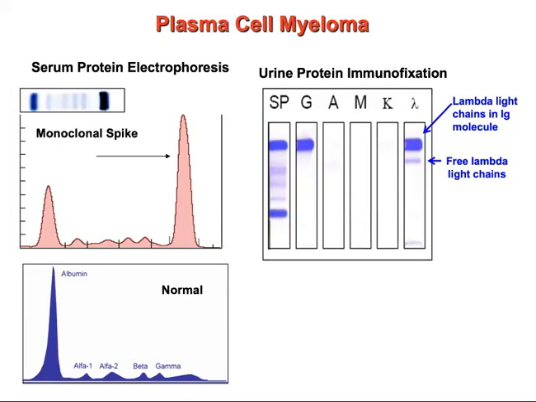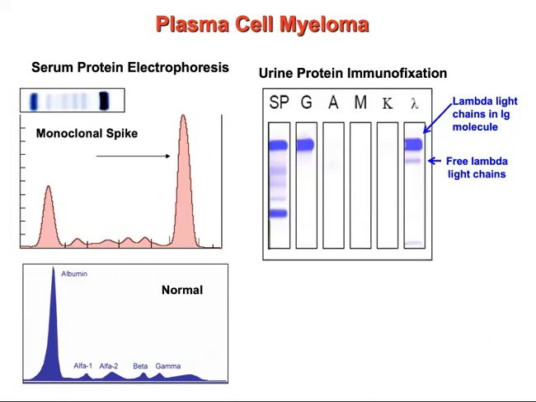These monoclonal proteins in the form of a complete immunoglobulin are mostly IgGs, sometimes IgAs, or sometimes you find clonal light chains in the urine or serum, and you find them as monoclonal spikes. That's an image of a monoclonal spike, which is very characteristic of plasma cell myeloma.